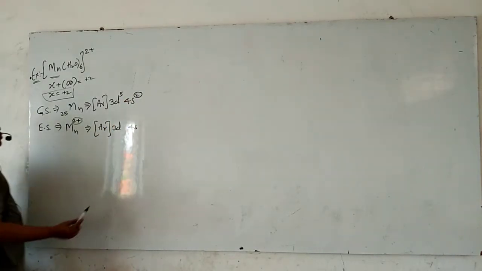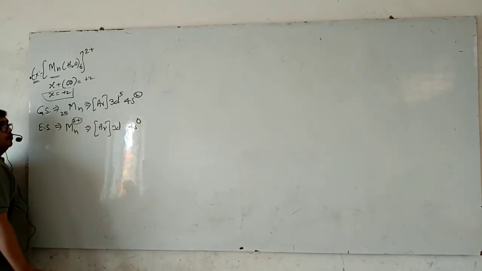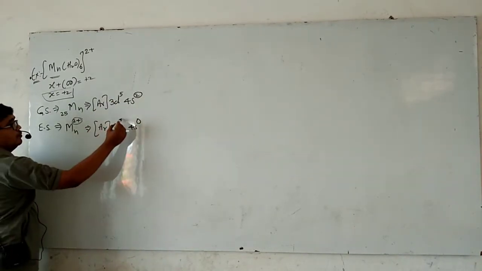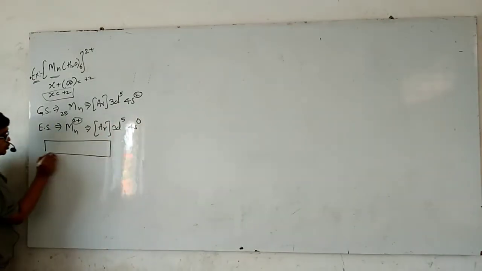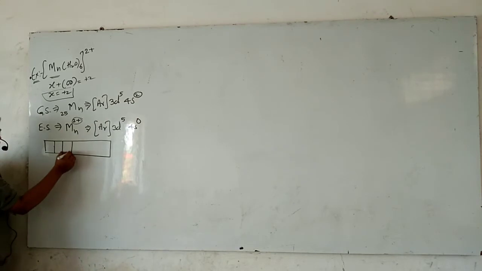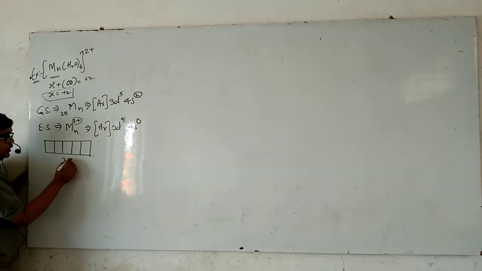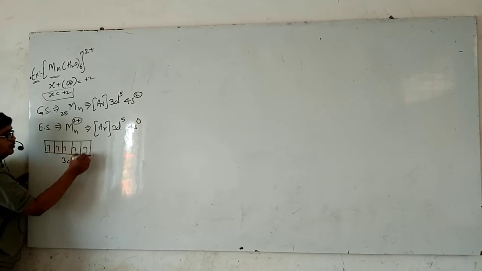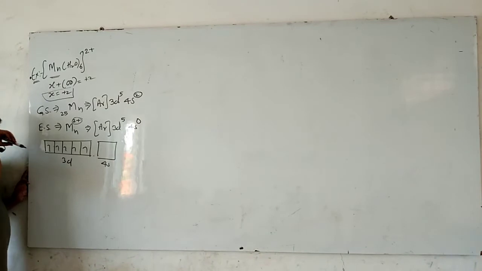First we remove electrons from 4s, so 4s2 becomes 4s0 and 3d5 stays as it is. Now write down the distribution of this 3d5: 3d containing 5 electrons, and 4s with 0 electrons.